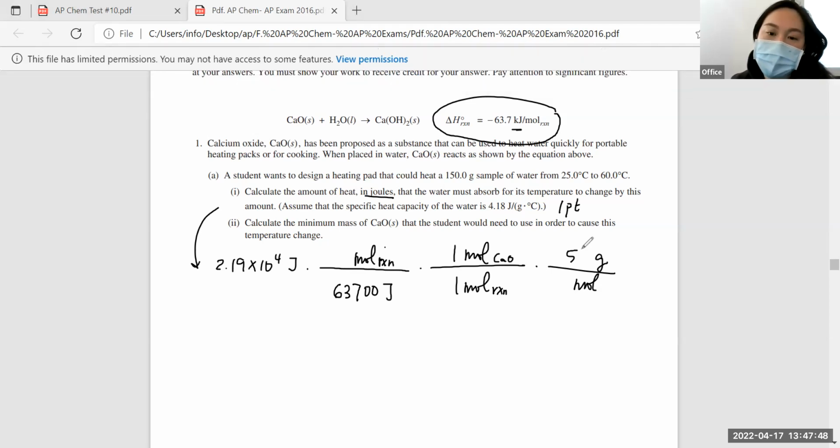So 56 grams per mole. And if you do that, moles of reaction, joules, moles of calcium oxide, you're left with grams of calcium oxide, which is 19.3 grams of calcium oxide.